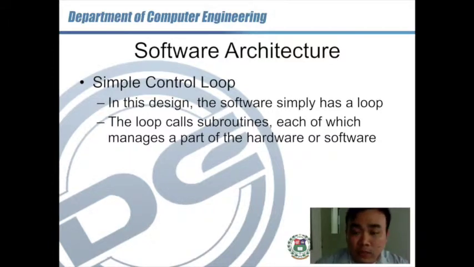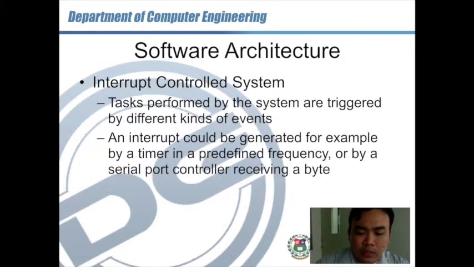We also have interrupt control, in which the tasks performed by the system are triggered by different kinds of events. We call these interrupt sources. An interrupt can be generated, for example, by a timer at a predefined frequency, or by a serial port controller receiving a byte. If there's an incoming byte, an interrupt is generated, the CPU is interrupted, and it performs certain code to handle that particular interrupt.